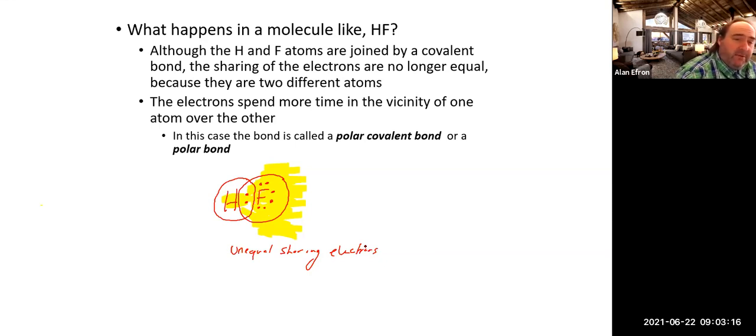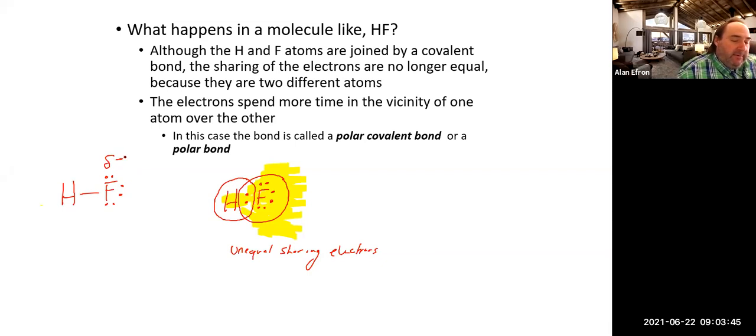What is the consequence of this sort of unequal sharing that occurs between, say, the hydrogen and the fluorine? Well, part of the consequence is, even though they are still sharing those electrons, unequally towards the fluorine, because the electrons are hanging out on the fluorine side more than they're hanging out on the hydrogen side, it creates what is known as a partially negative charge on the fluorine.